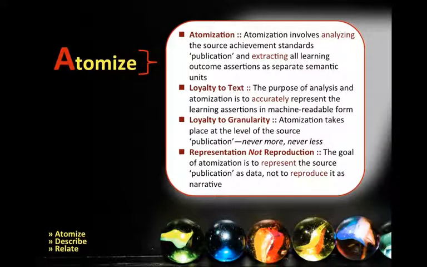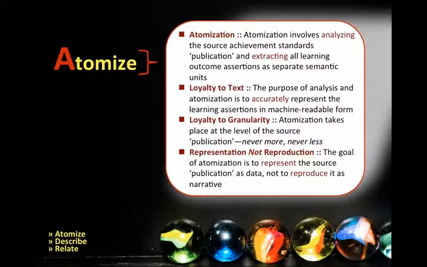And the last one is that this process of atomization is the breaking down of a rich narrative into data. So it's moving from a narrative representation to a data representation.